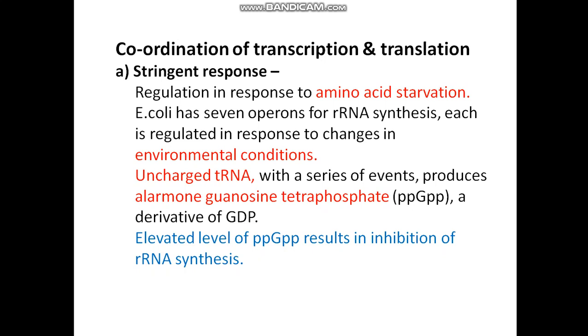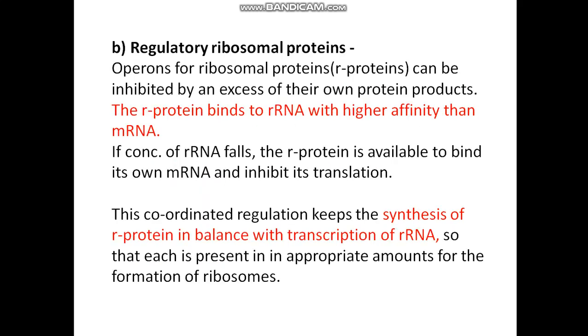If there is any uncharged transfer RNA, then the alarmone guanosine tetraphosphate is synthesized, which is a derivative of GDP, and its elevated level inhibits ribosomal RNA synthesis.